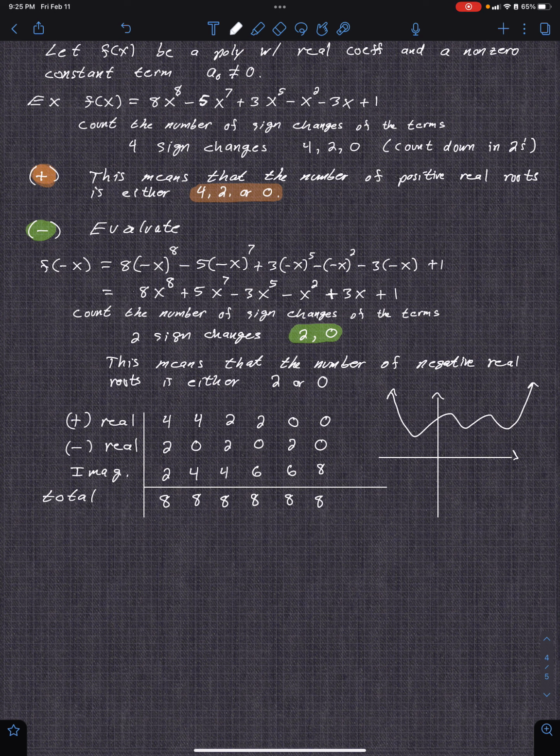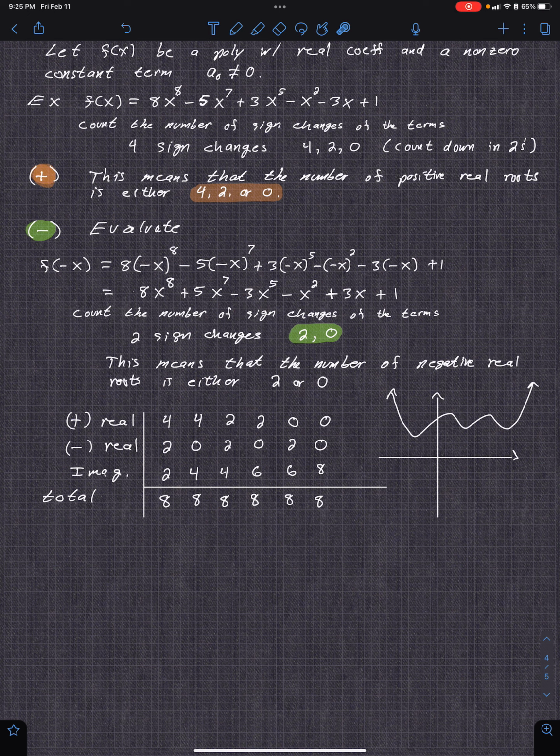Otherwise it must go down and come back, and it tells you whether that's on this side of the y-axis or that side. It helps you break down the number of possibilities.